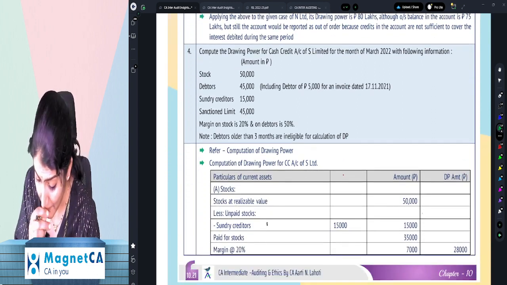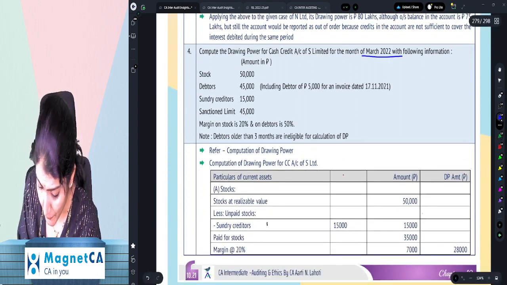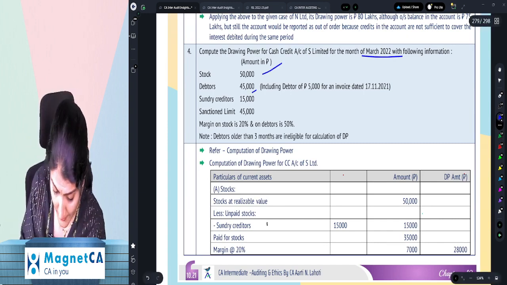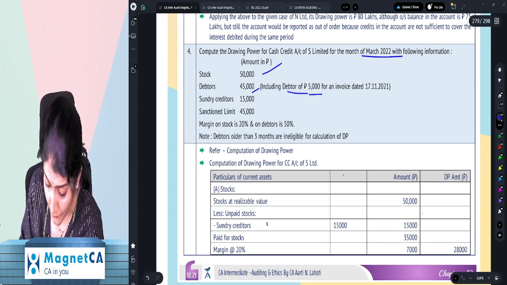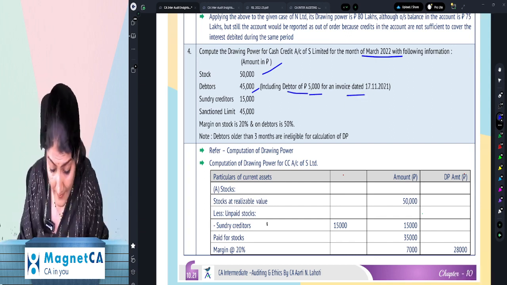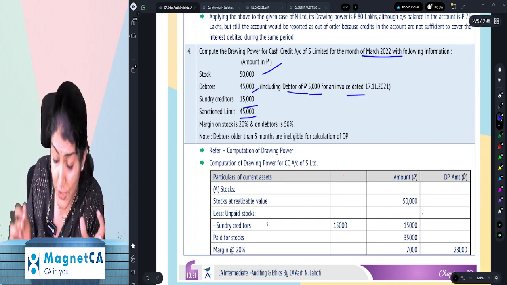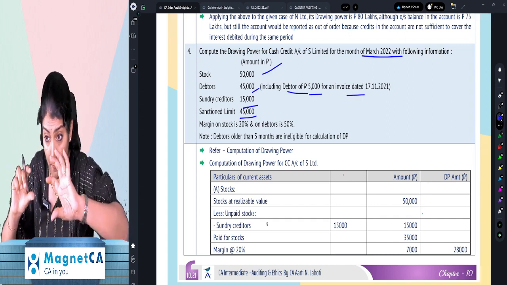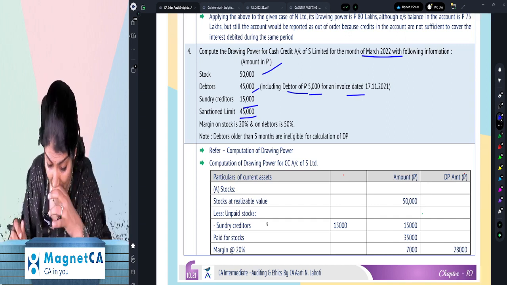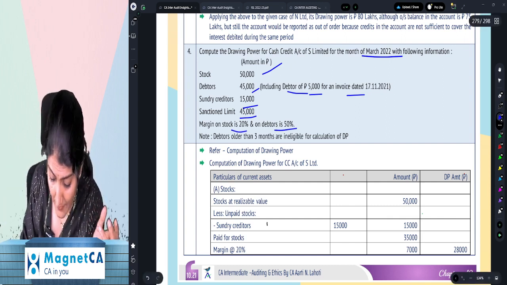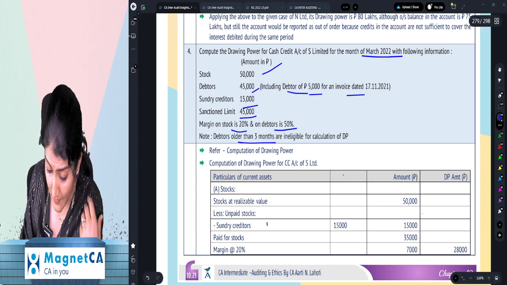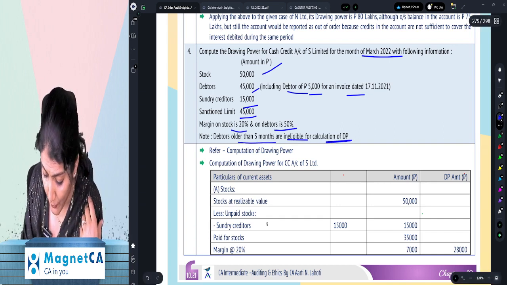Compute the drawing power for cash credit limit for the month of March 22 for the following information. Stock 50,000, debtors 45,000, including debtors of 5,000 for an invoice of 17 November 2021. Sundry creditors 15,000, sanction limit 45,000. And the account has to be kept within both the drawing power and the sanction limit. Margin on stock is 20% and on debtors is 50%. And debtors older than 3 months are ineligible for calculation of DP.